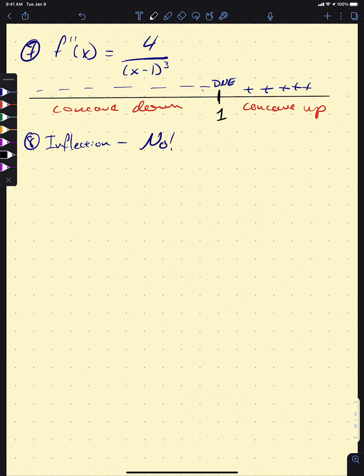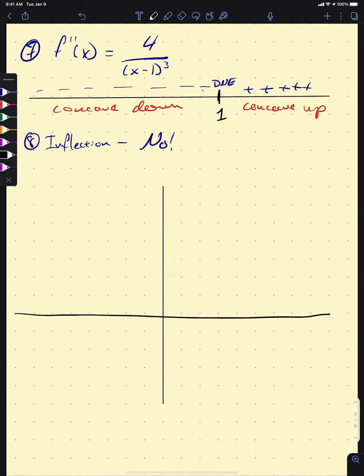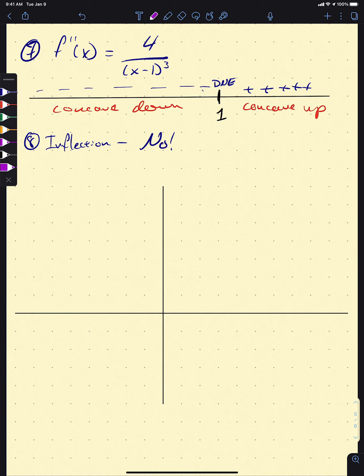Okay, and rather than rewriting that, I'm just going to start graphing and reference the pieces as we need them. Our domain is going to be everything except x equals 1. There's going to be a little hole right there. And that makes sense, right? Because we remember we have a vertical asymptote at x equals 1, which I'll label.